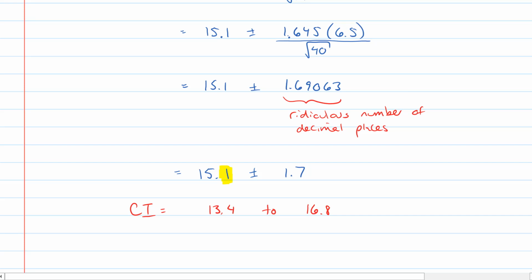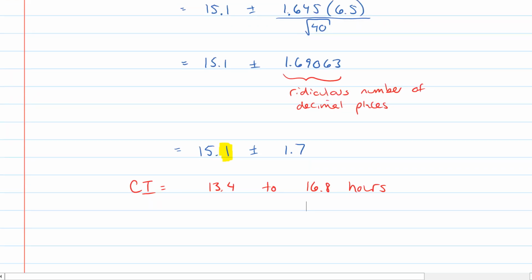That's the upper end of our interval. And then we're going to write the units, which is hours. So notice this is an interval from the lower limit to the upper limit, and that gives us our confidence interval. Okay, so that's the answer to part A, that we believe that with 90% confidence that the answer is somewhere in there.